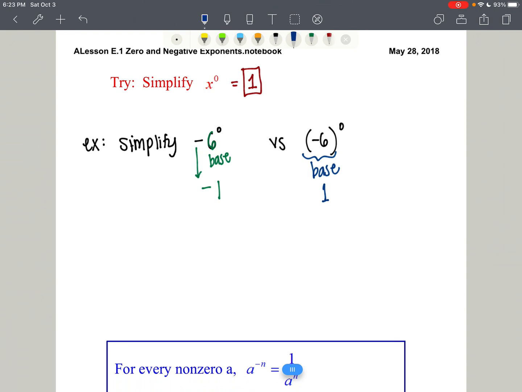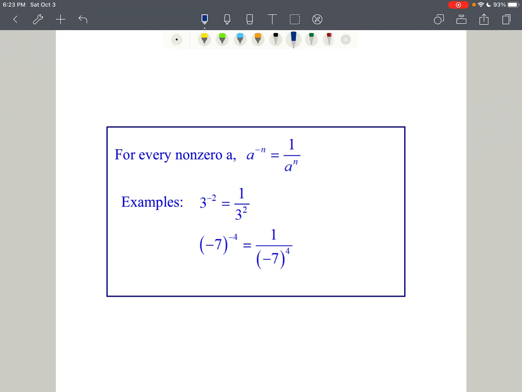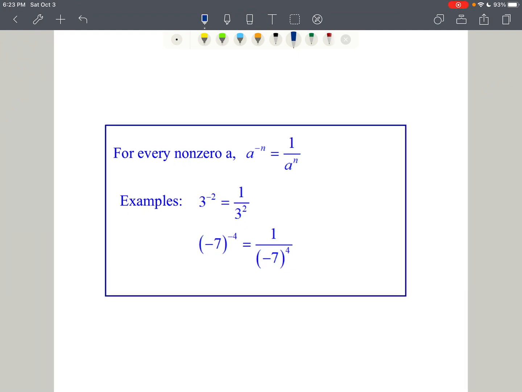That's our 0 power. Now let's talk about negative exponents. For every non-zero a, once again, a cannot equal 0, so your base cannot be 0. If we take a and raise it to a negative exponent, I can make that exponent positive by bringing the base and the exponent down to the denominator, changing the position in the fraction.